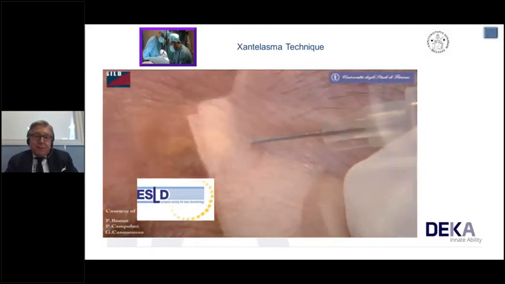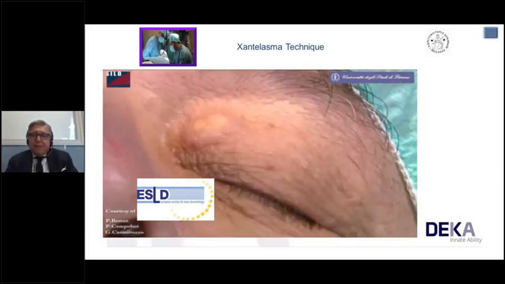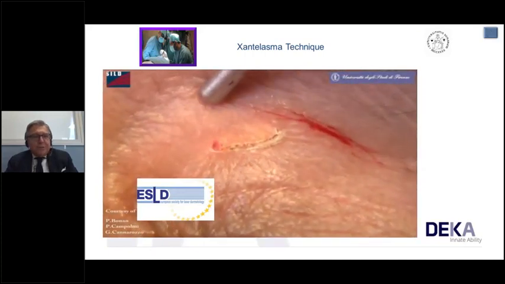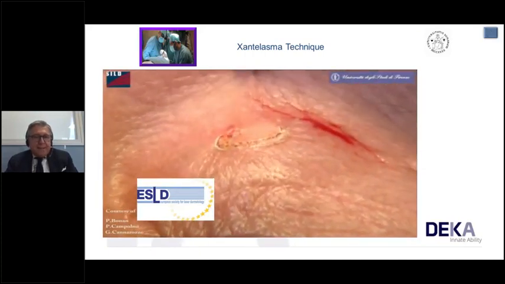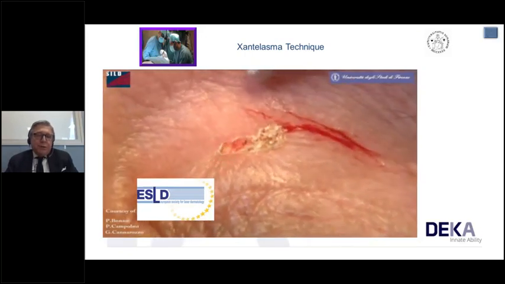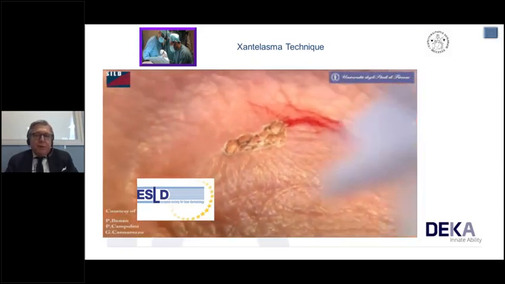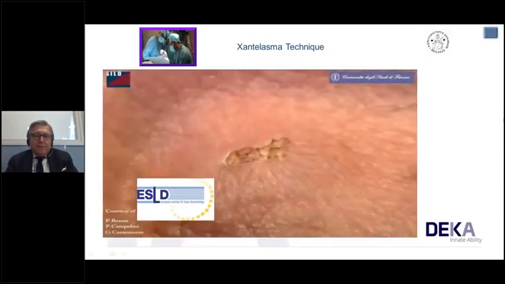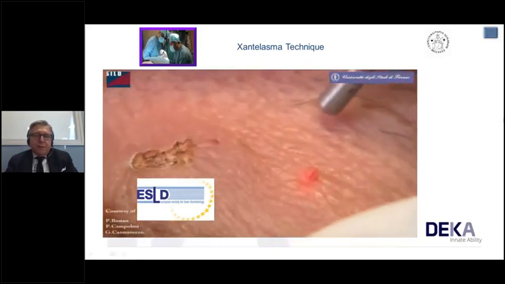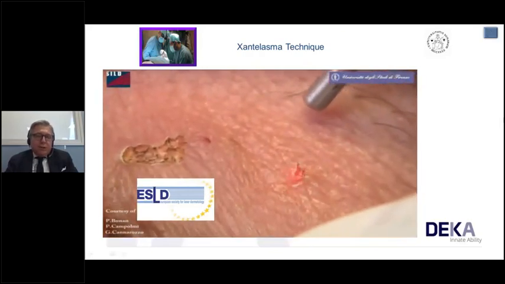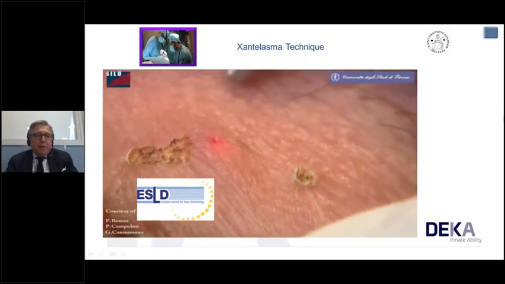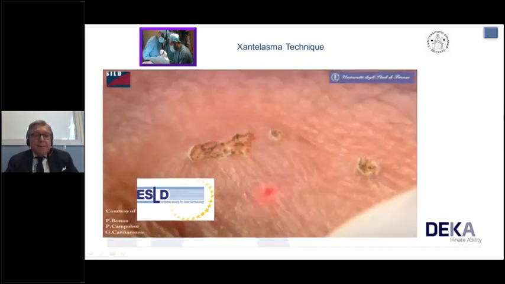And you see the vaporization of the xanthelasmas: you start from the peripheral part, then go into the center. You can even coagulate the vessel in the hole where we enter with the intralesional anesthesia. And then we can carry on with the vaporization of the xanthelasmas.